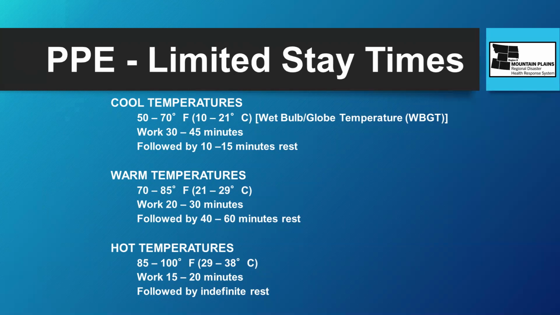At 70 to 85 degrees Fahrenheit, your work period is about 20 to 30 minutes, followed by almost an hour of rest. If the ambient temperature is even warmer, 85 to 100 degrees, people can work effectively about 15 to 20 minutes. Then you've got to get them out of the PPE, rehydrated, and give them adequate rest. And the rest time can be significant depending on the physical fitness of the individual, the degree of dehydration, etc.